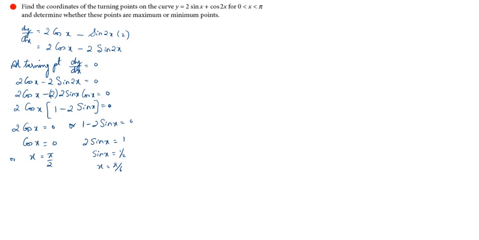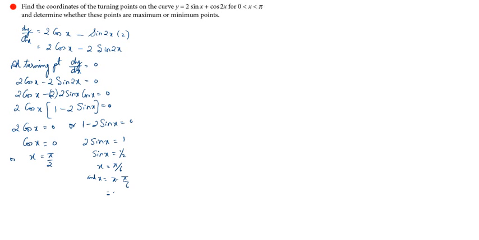Now we have a range of values for x between 0 and pi. If we go for another value of x, it will be 5 pi by 6. So another value is x is equal to pi minus pi by 6.